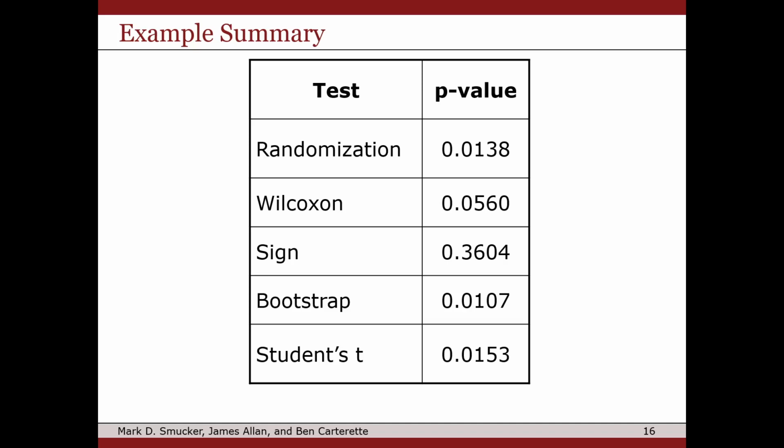Of note, the randomization, Bootstrap, and Student's t are all able to use the same test statistic, which is the mean difference. We can get randomization and Bootstrap to use any test statistic that we want. Whereas the Wilcoxon and the sign are not using the test statistic that we're reporting here, which is the mean difference. And so this is what's going to lead to problems with their usage.